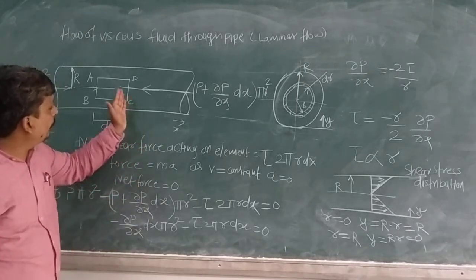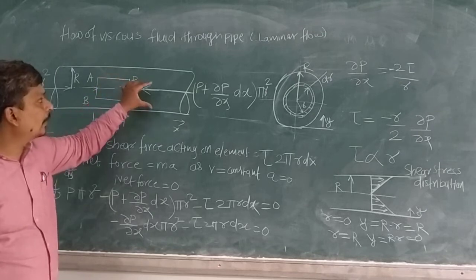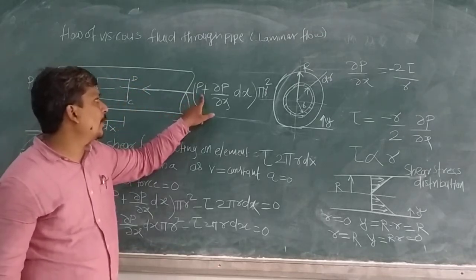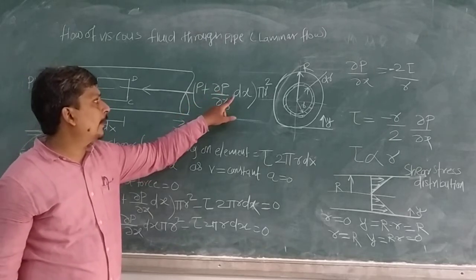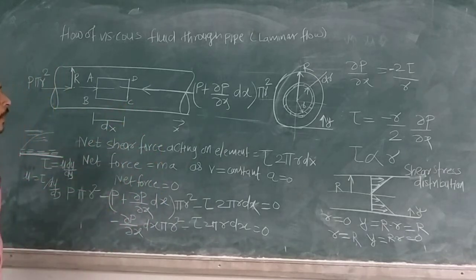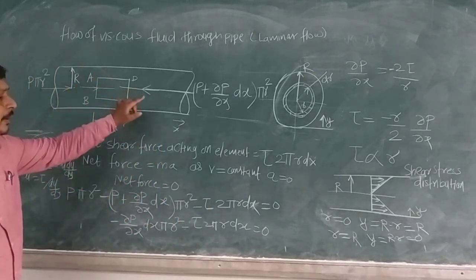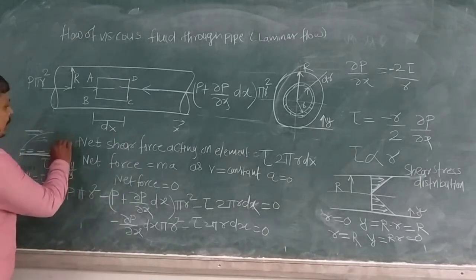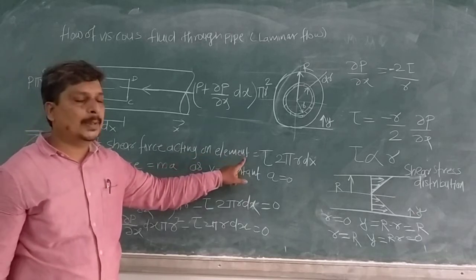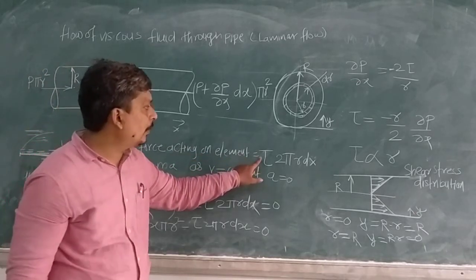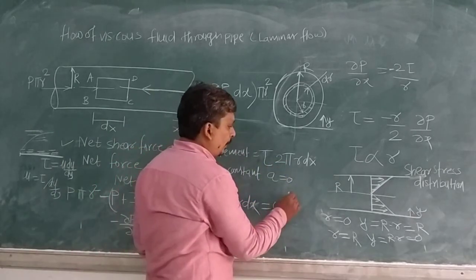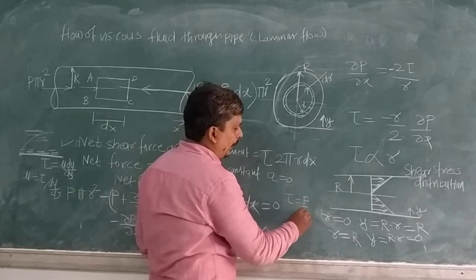Similarly, the force acting on the CD side, opposing this, will be with the variation of pressure, P plus delta P by delta x dx, into pi r square. This will be in the opposite direction. In addition, there is a shear stress acting on the element. The net shear force acting on the element will be the shear stress multiplied by the area, since stress is force upon area.